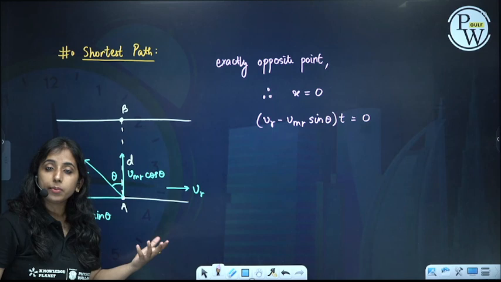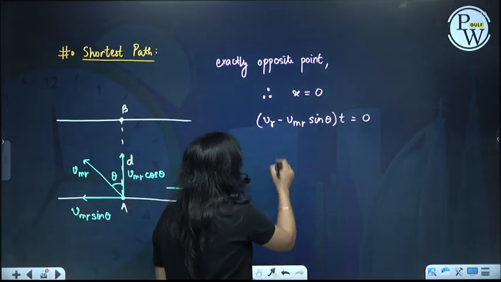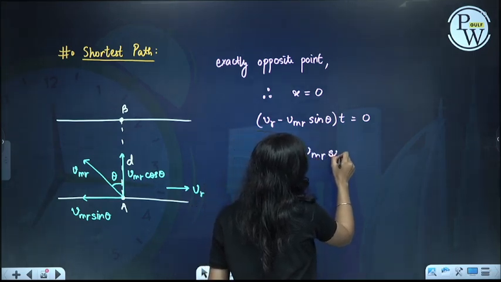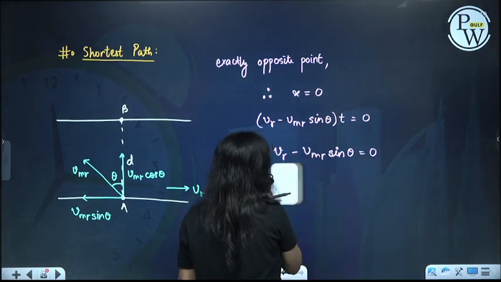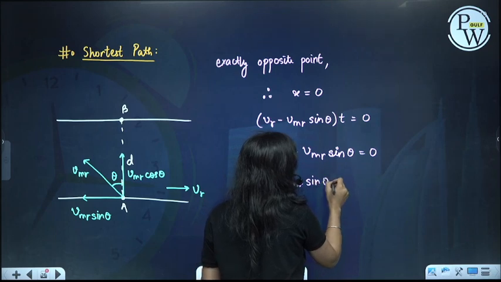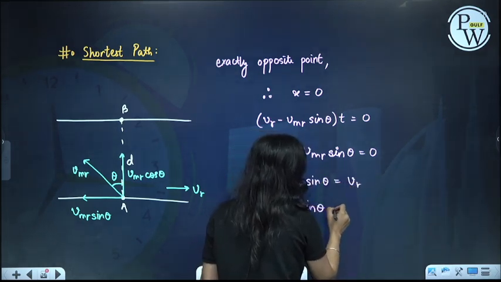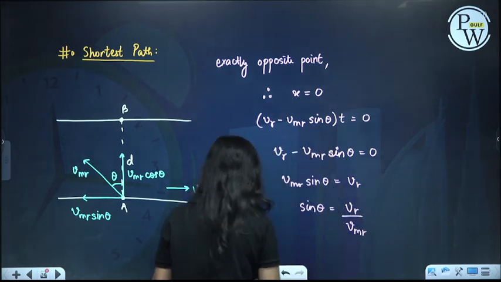Now t can't be 0 because obviously it will take some time to reach the opposite end. So VR minus VMR sin theta is equal to 0, or VMR sin theta is equal to VR. So sin theta is equal to VR by VMR.